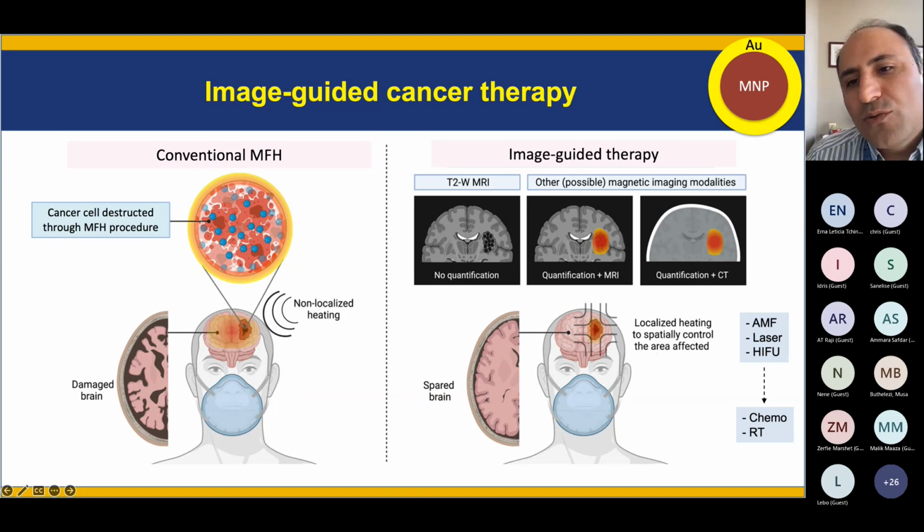But if we do MPI-guided hyperthermia, then we can localize the therapy field of magnetic hyperthermia only to this region of interest, and only irradiate this part of the brain and selectively damage the tumor in the brain. And using this nano platform, that is magnetoplasmonic nano platform, all these features can be possible.